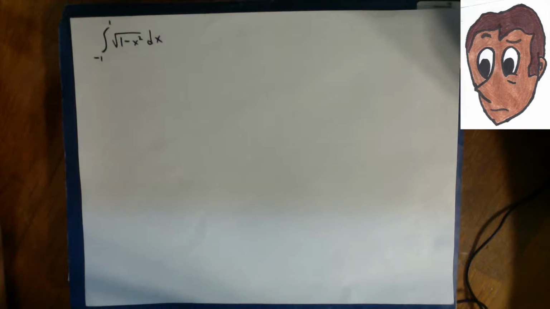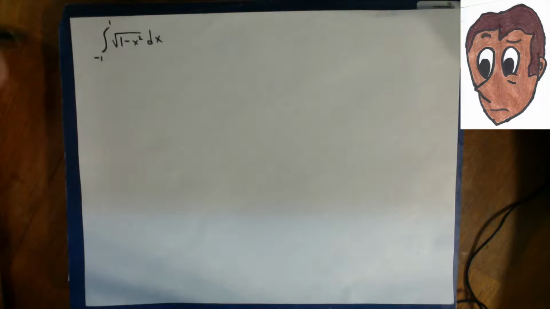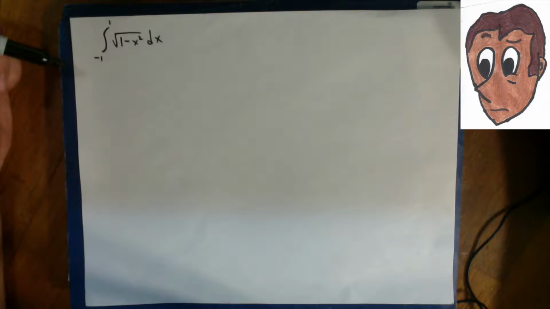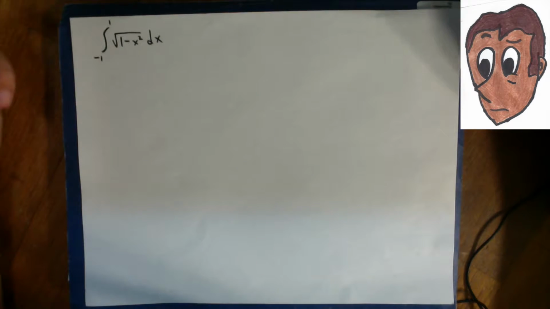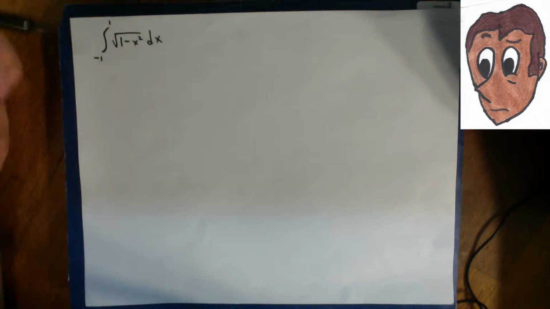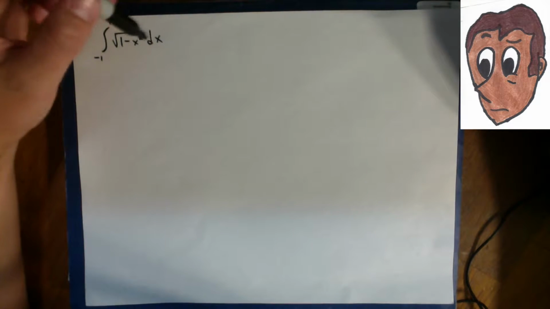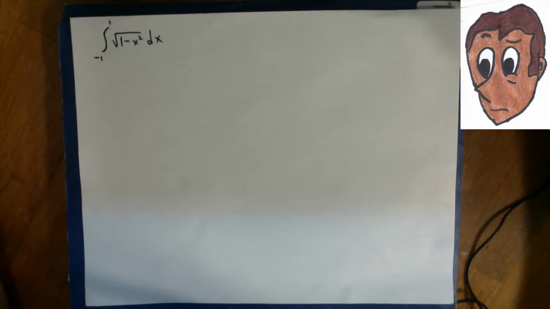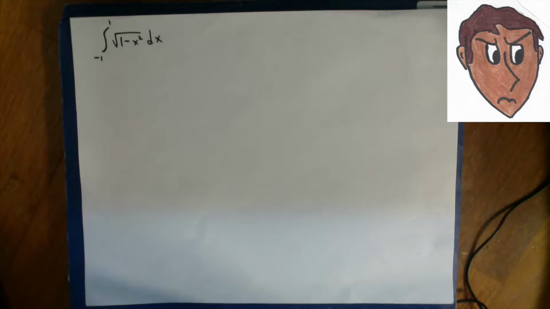If I did normal u substitution, say u equals 1 minus x squared, then I'll get a square root of u, but the derivative of x squared is 2x, so I have to put a 2x and a du in there, and then not all my terms are used. I'm still going to have x's left over, so that doesn't work.